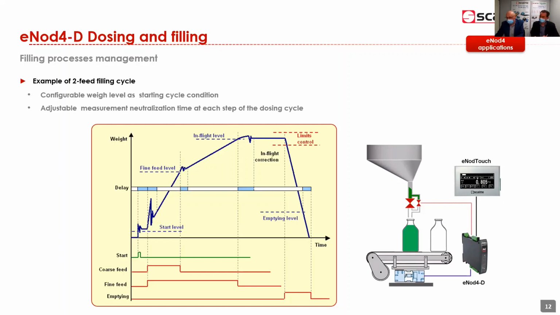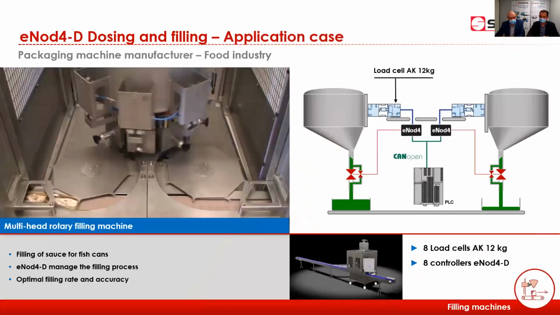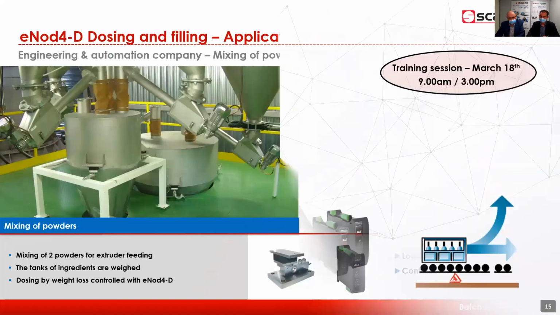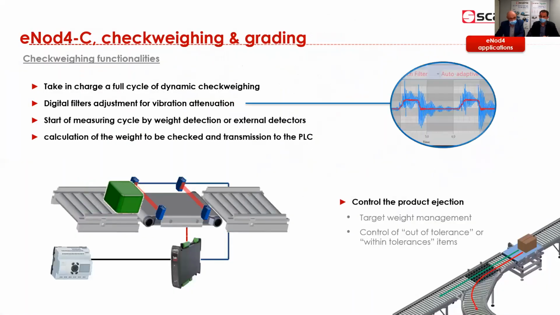Very quickly, last question. We have another question about eNod4C, because we spoke about control of product ejections, and the question is: could we manage with eNod4C different ejections according to several weight intervals?